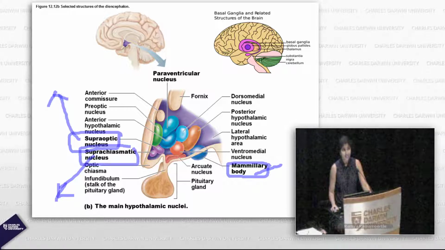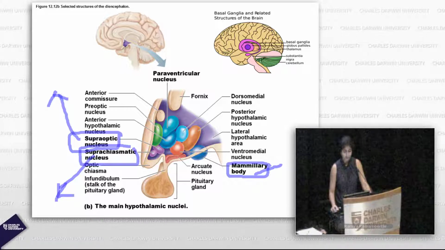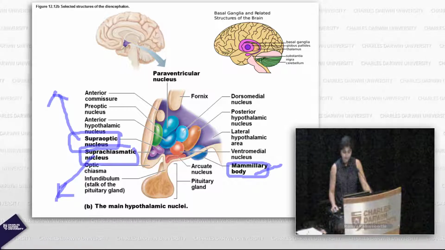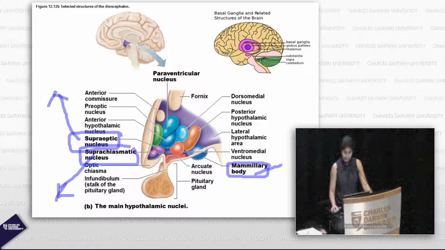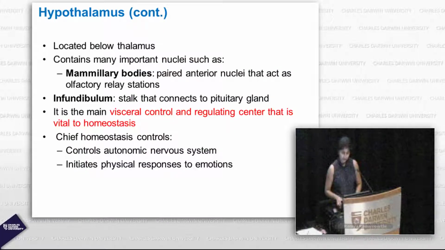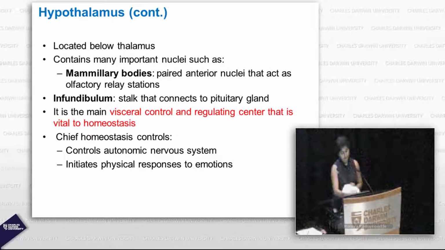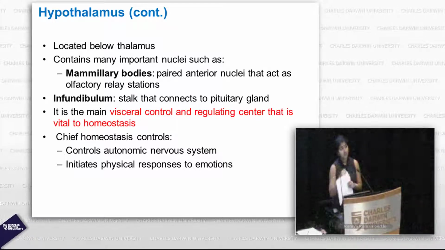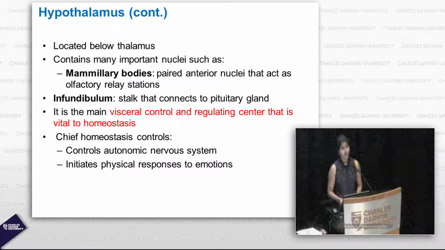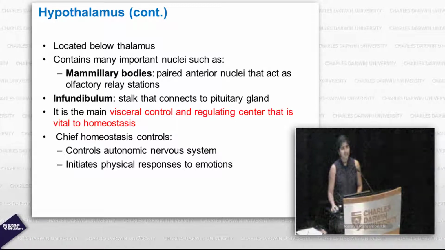So that's the suprachiasmatic nucleus. And what does ADH do? Just a recap. It helps in water reabsorption. Yes. Alright, so we have seen this.